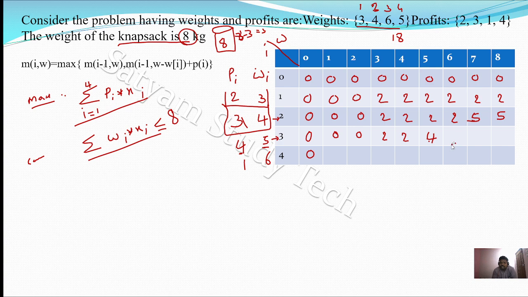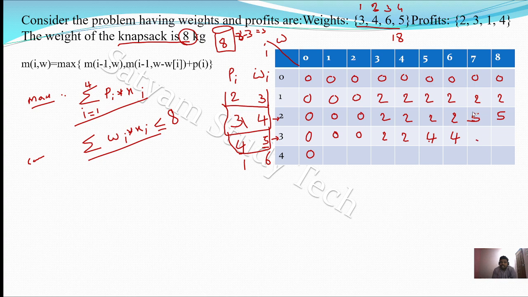Now you can see here in this case the bag capacity is 6. What are the objects you can carry? 5 plus 4 is 9, but the capacity is 6. 5 plus 3 is 8, the capacity is 6. So you can carry only this object, and you get the profit only 4.